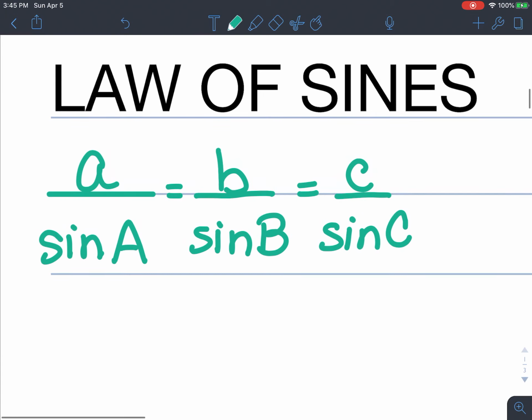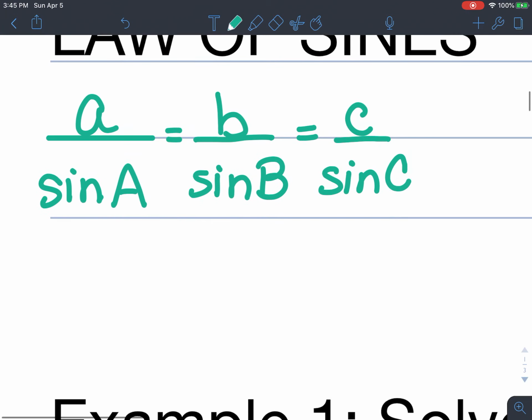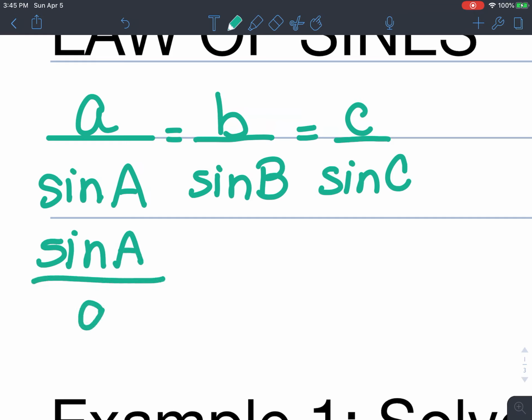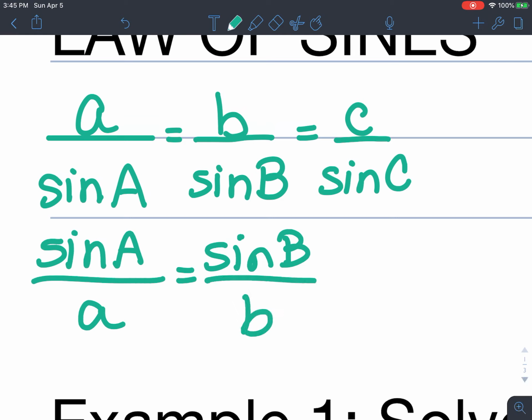This is usually how the law of sines is written. It can also be written upside down. So sine of A over little a equals sine of B over little b equals sine of C over little c. It doesn't matter which way you write it. It just, whatever you feel like.